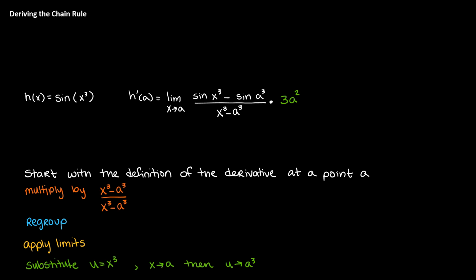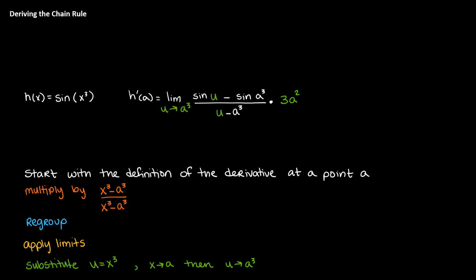If we pull out all of the x cubes and replace them with u, then we wouldn't want our limit to say x is approaching a anymore, because our expression will no longer have x in it, it'll have u in it. So what happens to u when we allow x to approach a? Well, u would start to approach a cubed. So we're going to replace all of our x cubes with u, and then we're going to replace our limit notation with u approaching a cubed.